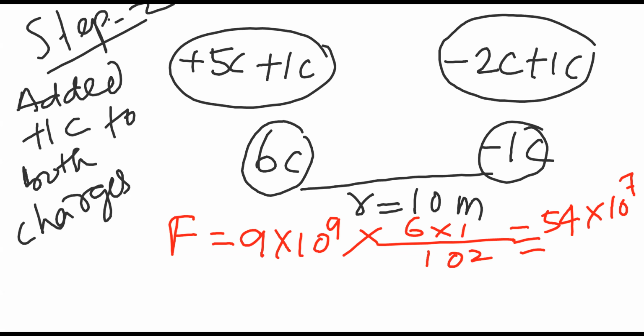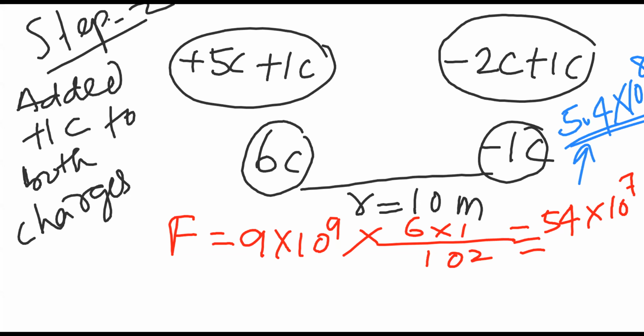If you want to write in terms of 10 to the power 8, you have to divide by 10 and multiply by 10, so it will become 5.4 into 10 to the power 8.